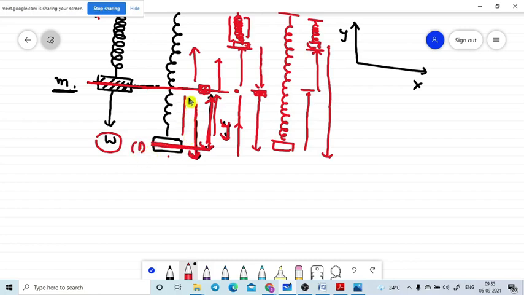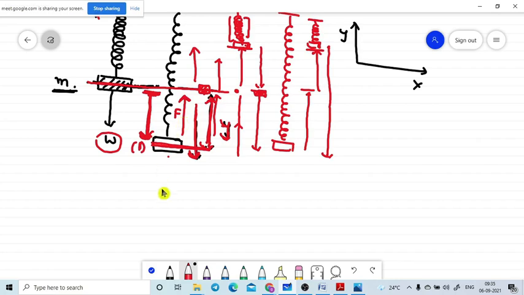Who is pulling it? The restoring force is pulling. The restoring force direction is this direction, but the displacement of the body is in this direction. They are in opposite directions.